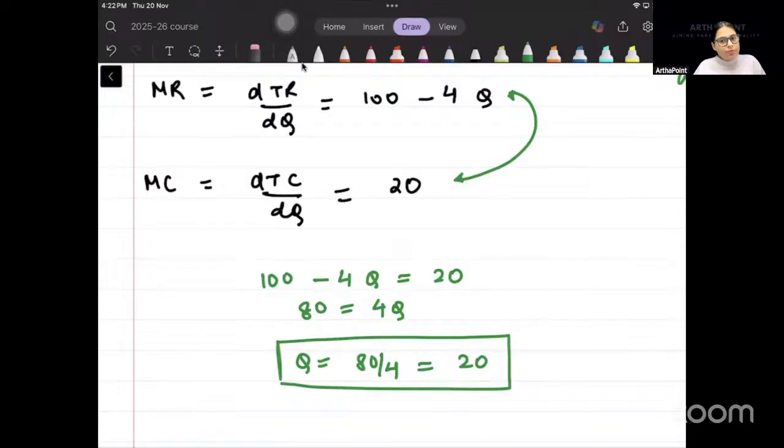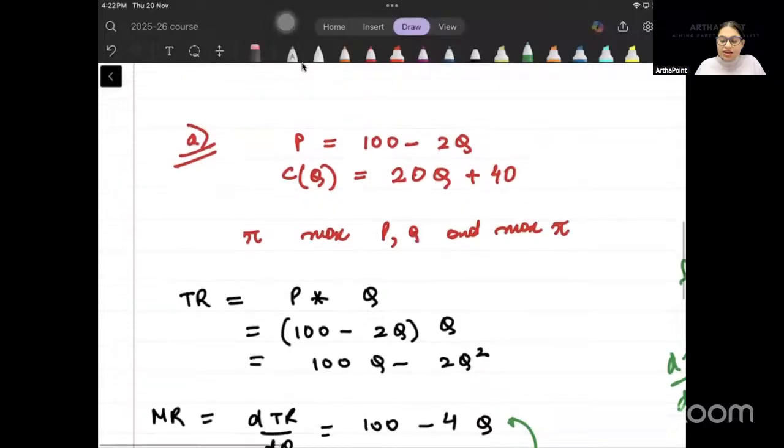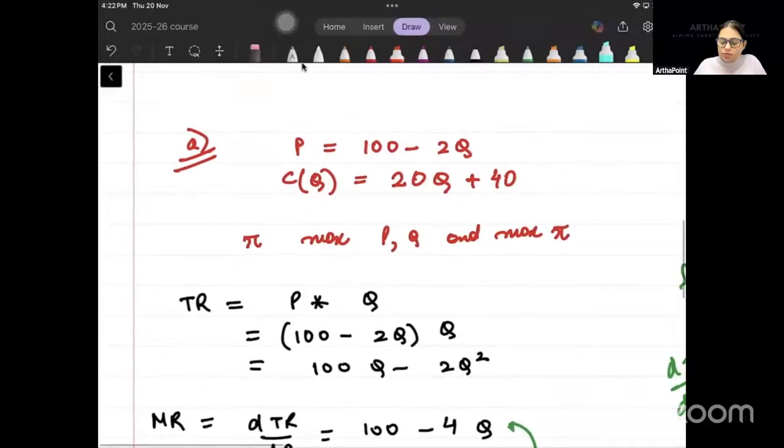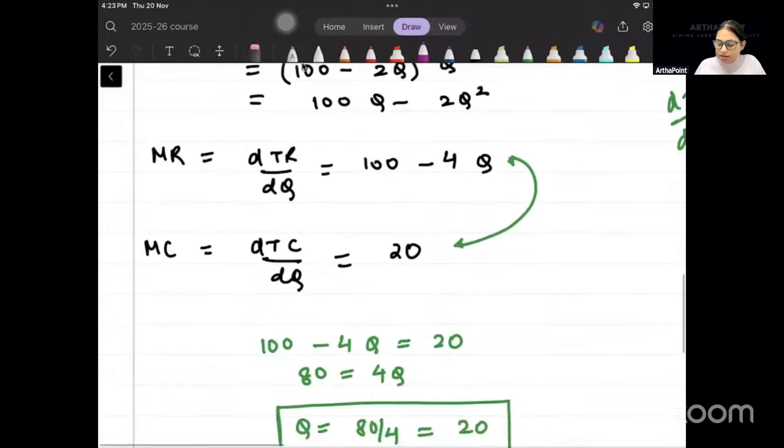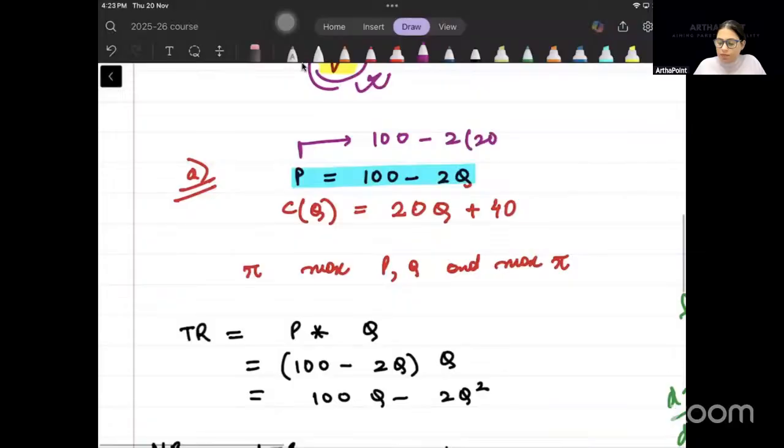Now we have to find the price. तो price के लिए you will put it in this function. You will get it as 100 minus 2 times quantity, क्या है बेटा, 20. 100 minus 40, 60. So you get your quantity as 20 and price as 60.